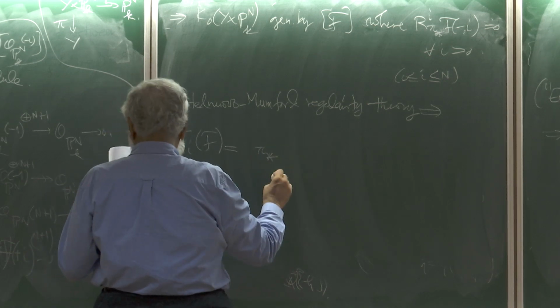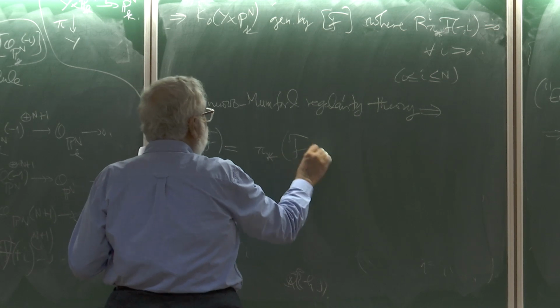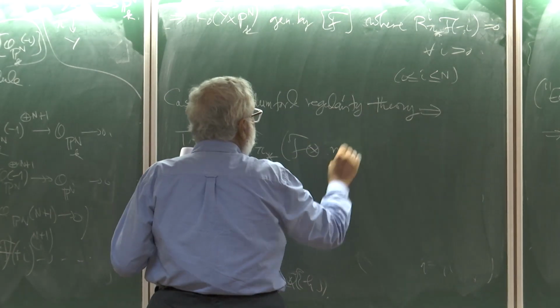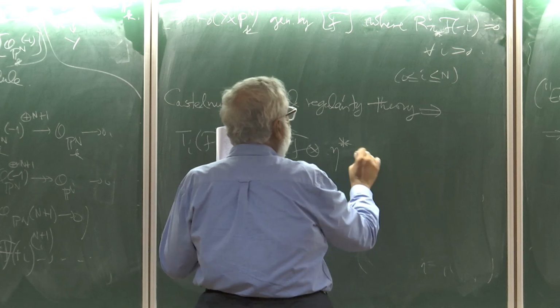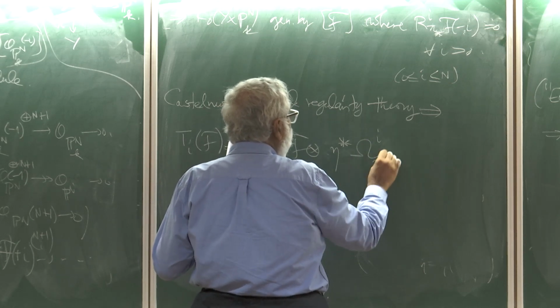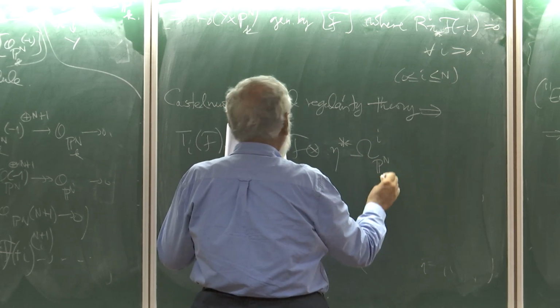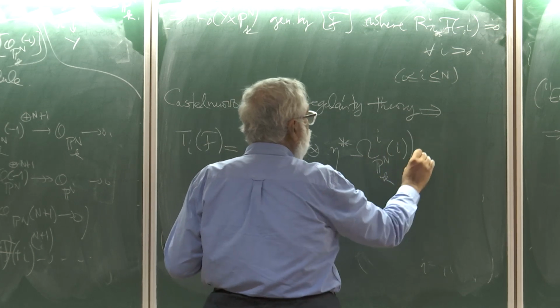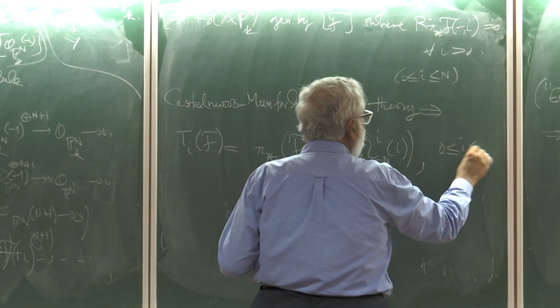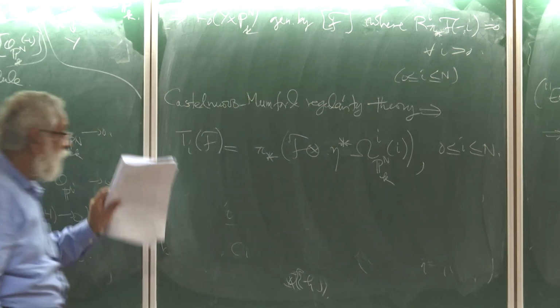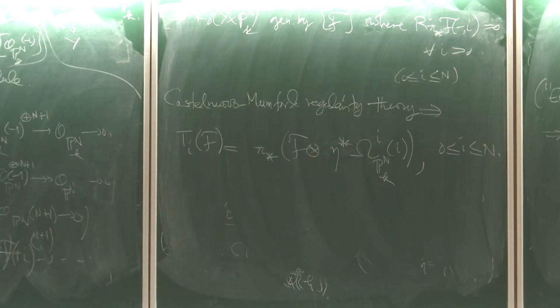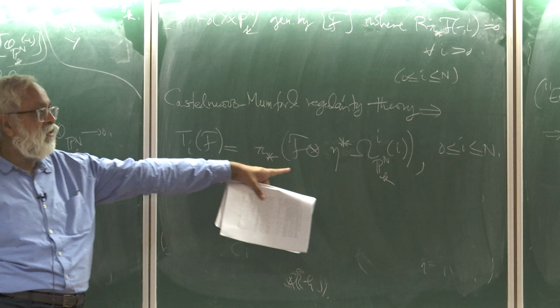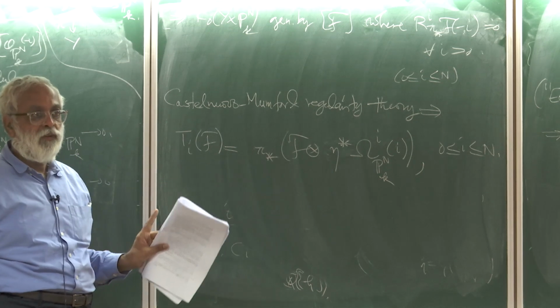It's pi lower star of F tensor pi upper star of omega^i of P^n, twisted by plus i. Just write these things down, whatever they are. Given F, I can write this. This is some functor of F.